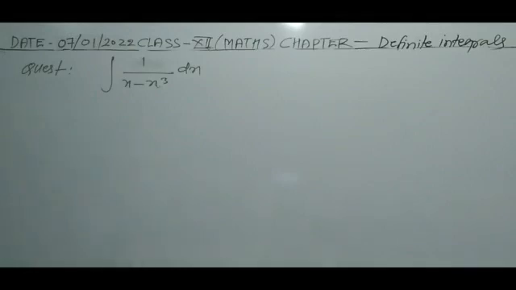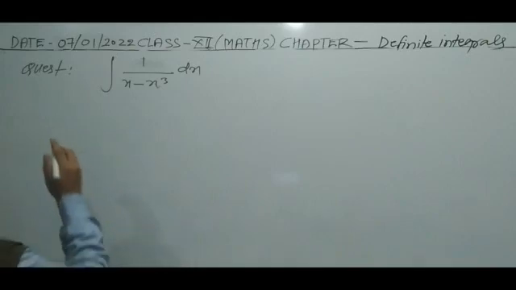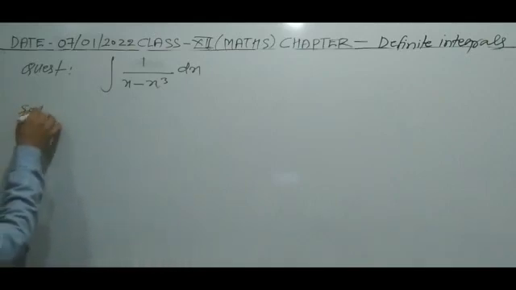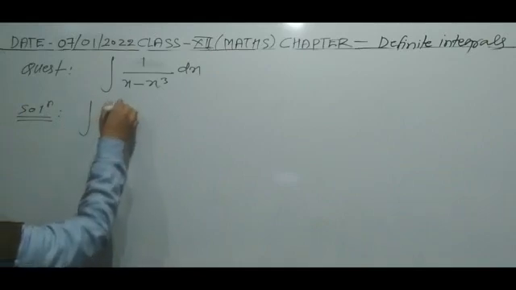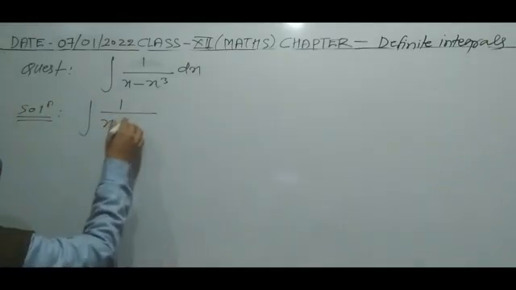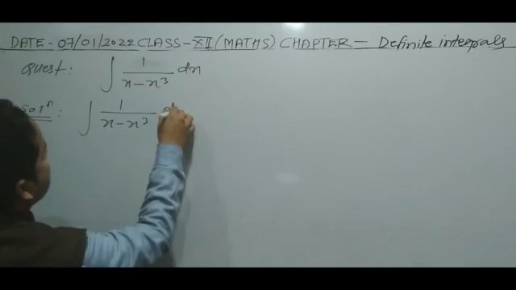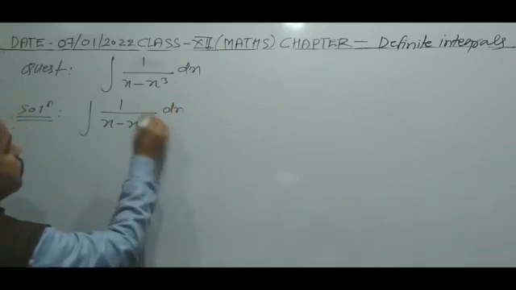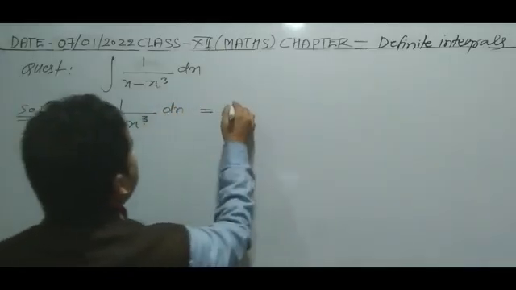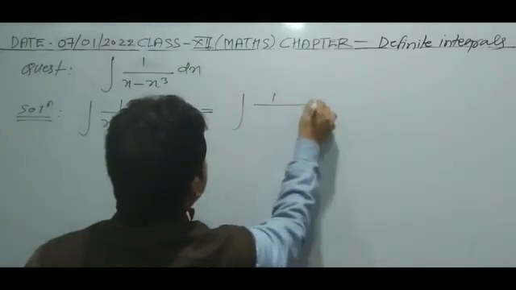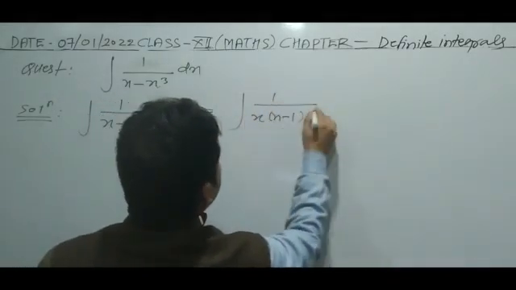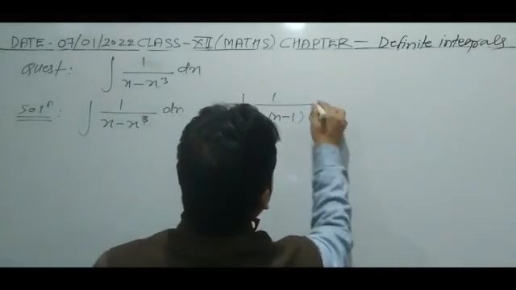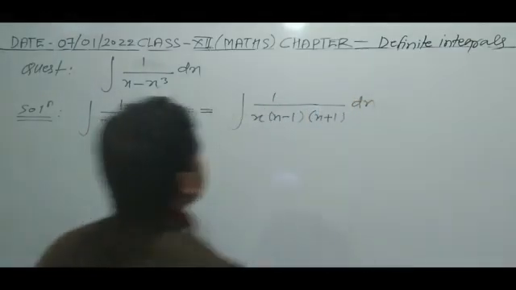in this question what we have to do, first of all we have to split. See the solution, integration over 1 upon x minus x cube dx. This one we can write as integration over 1 upon x minus 1 into x plus 1 dx.